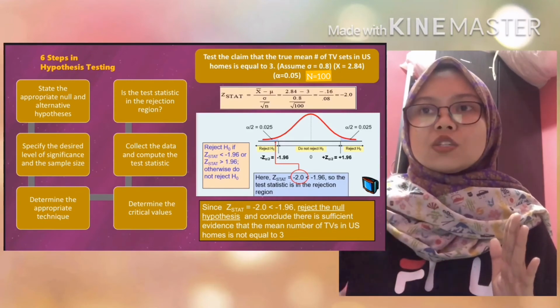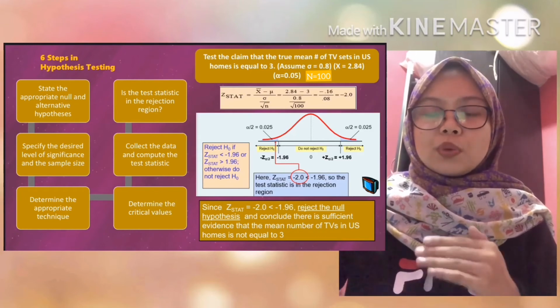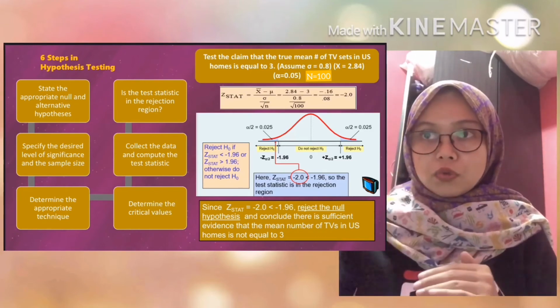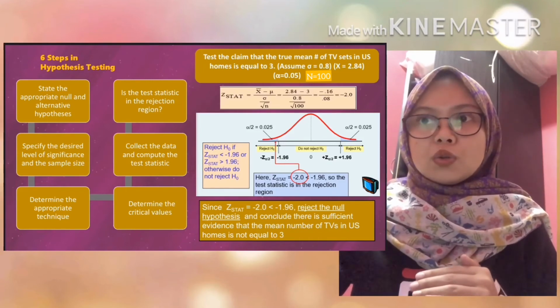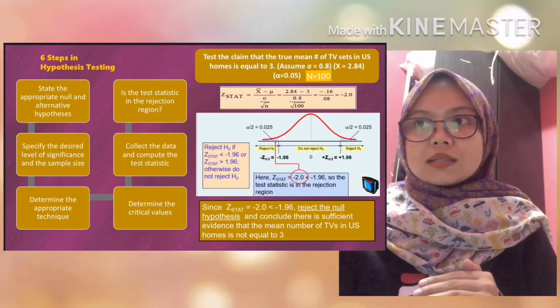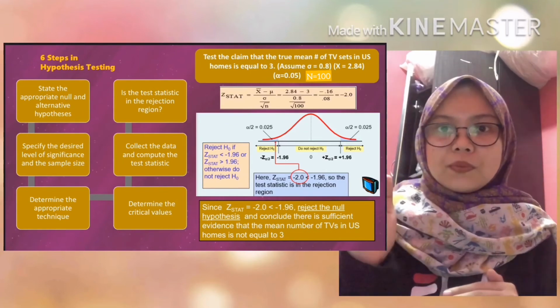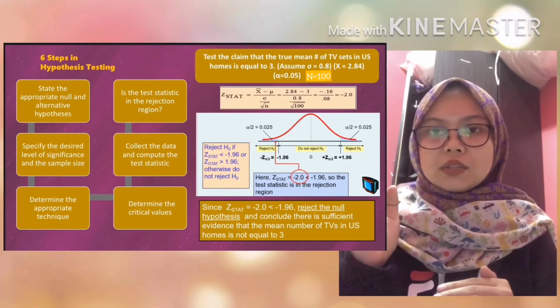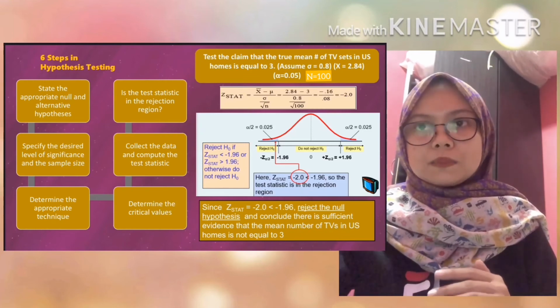So we divide 0.05 by 2, so we get 0.025, and we put it on the right and left. Also for the z critical value, 1.96 should be put on the right and left: the left is negative 1.96 and the right is positive 1.96.